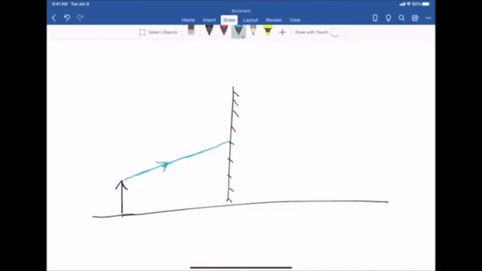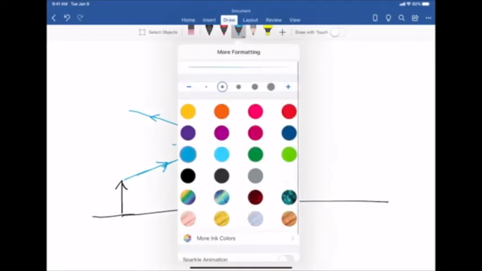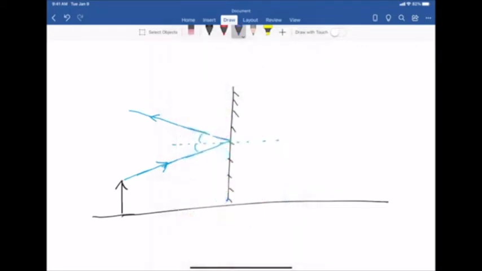Now this ray is going to hit the mirror, obey the law of reflection, and it will be reflected like this. Remember that the law of reflection says that the angle of incidence equals the angle of reflection, right? Okay, let's also pick a second ray. I'll draw the second ray with a different color. Okay, this one.